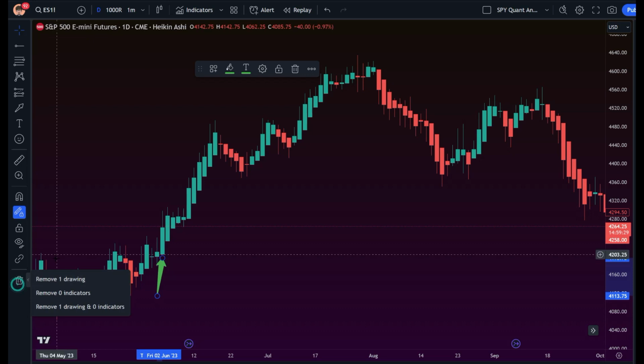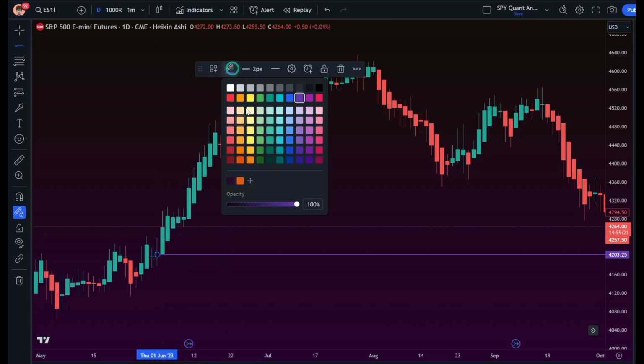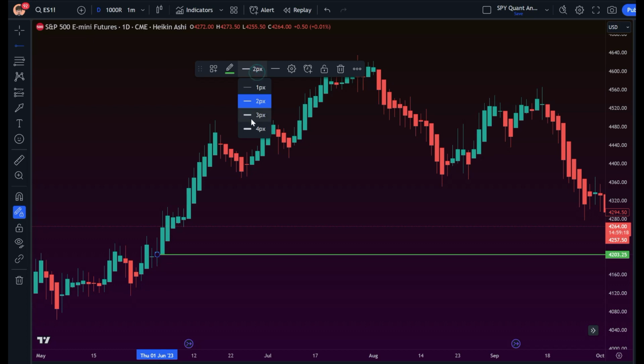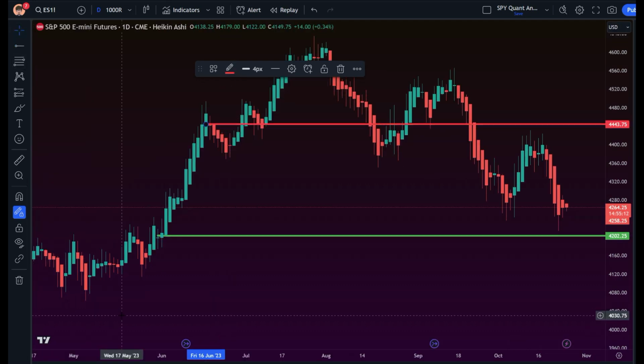So if we were to draw a support and resistance, we would draw our support here. We can do green for bullish support, I guess, and our resistance here, which we can color red. So you can see it kind of held here. We kind of fell through, but this seems to be the very key area down here.